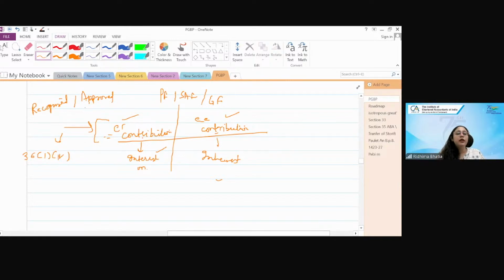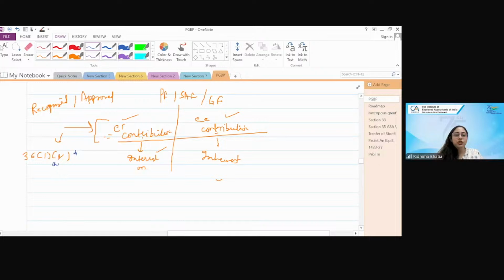Now, what about unrecognized or unapproved contributions? If an employer is making contributions to any unrecognized or unapproved funds, they are not allowed as deduction to the employer. Simple. But here, mark one very, very important thing.